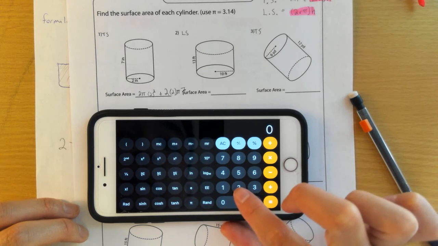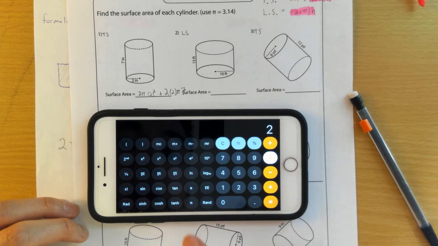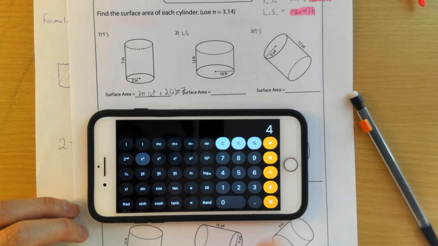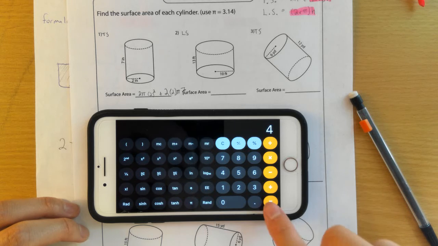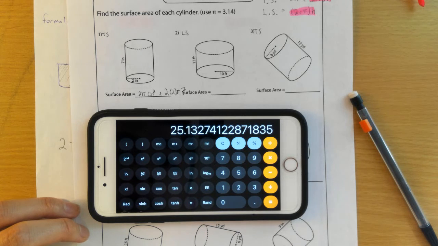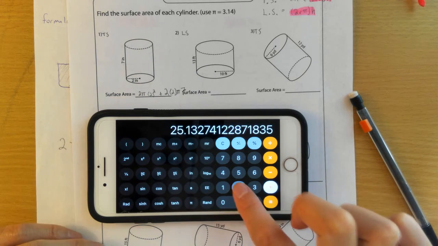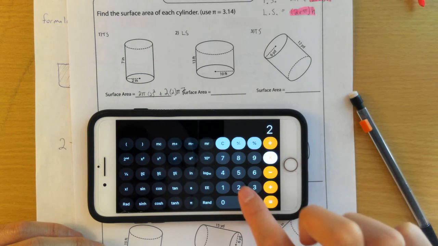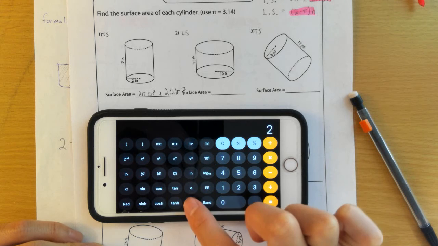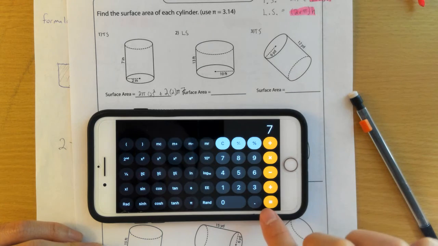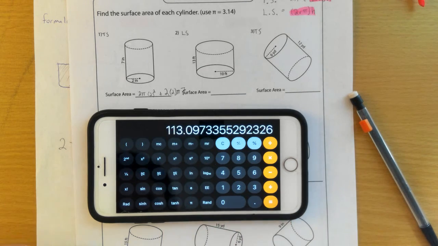Let's do that again. 2 times pi times 2 squared equals that, plus 2 times 2 times pi times 7 equals that.